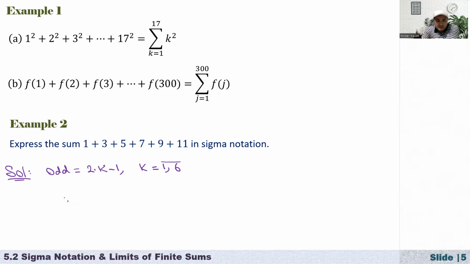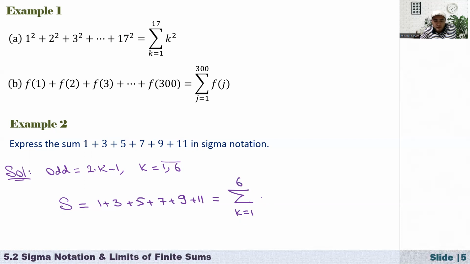Now I can just write the sum. Let me just label this by S. So here we have 1 plus 3 plus 5 plus 7 plus 9 plus 11. Another example for a finite sum. So here we have sigma, and our index starts with 1. k is equal to 1 to 6.